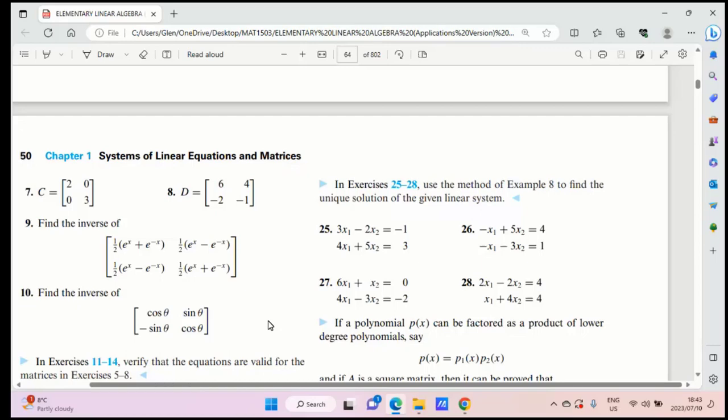E to the power of 2x minus e to the power of 2x cancels each other, and e to the power of negative 2x and e to the power of negative 2x cancel each other. I got 4. And then remember, I'm multiplying it by 1/4, which is why I got my determinant as 1.